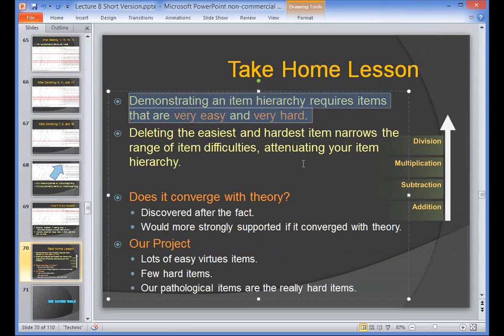All right. And this has got some interesting implications for our project because, as you remember, we tried to create items of enormous difficulty. The problem with virtues items is that all of the virtues items are too easy. It's as if the subjects are sitting there going down a list of items and saying, "Oh, that's a very virtuous item. That's me.